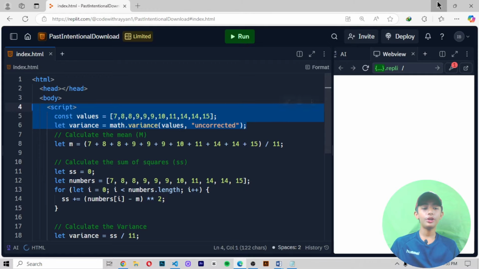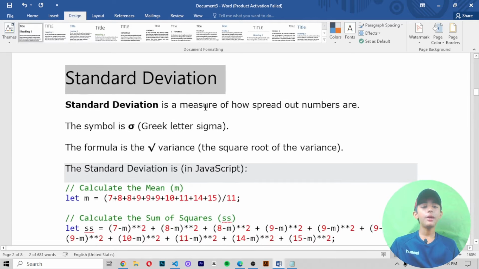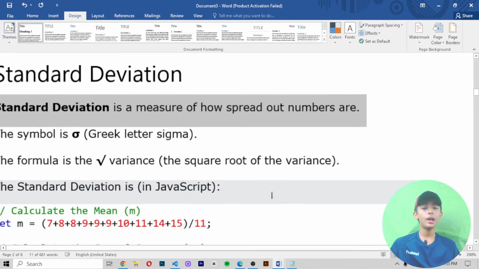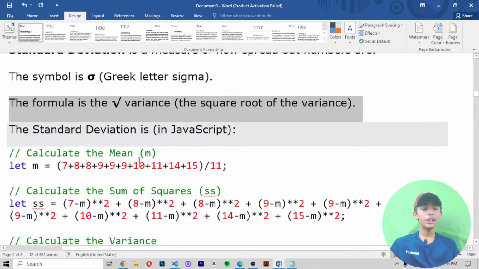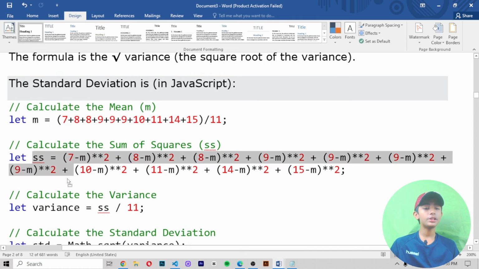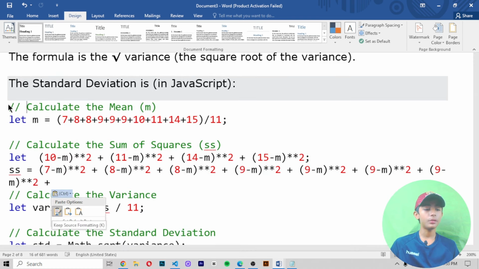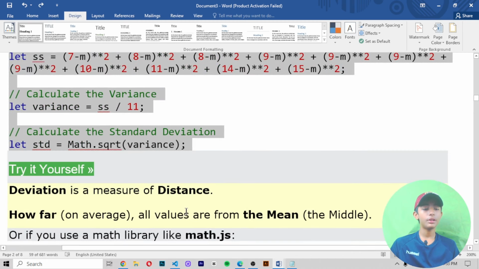And now let's come to standard deviation. Standard deviation is a measure of how spread out numbers are. The symbol is sigma, the Greek letter. The formula is the square root of the variance. This is the standard deviation in JavaScript.